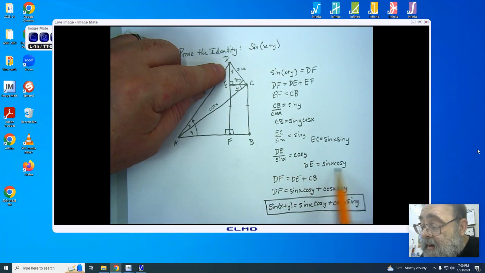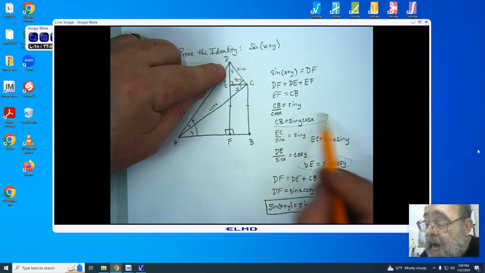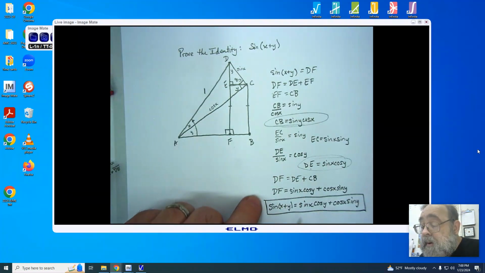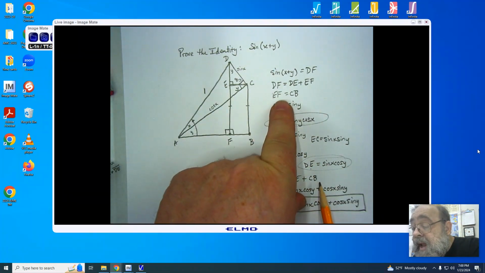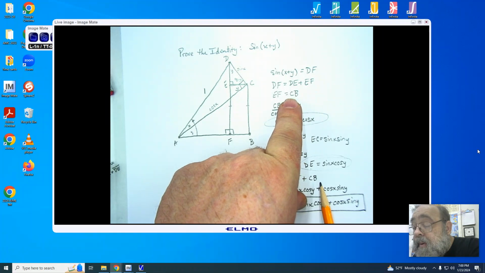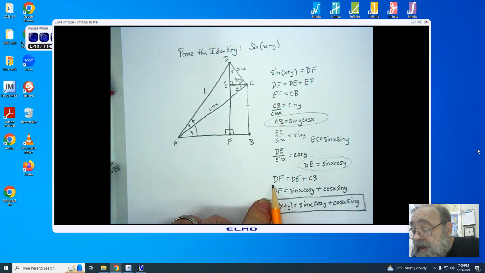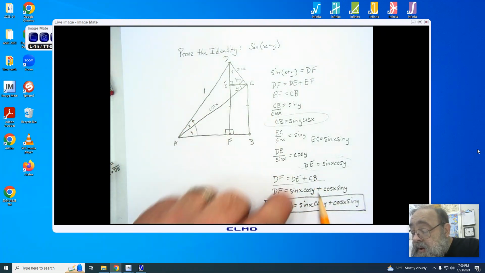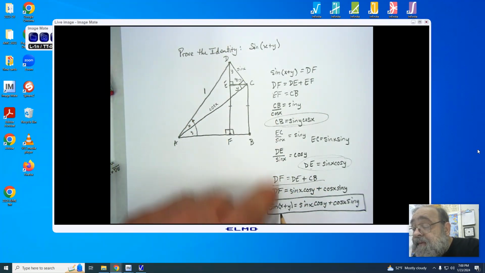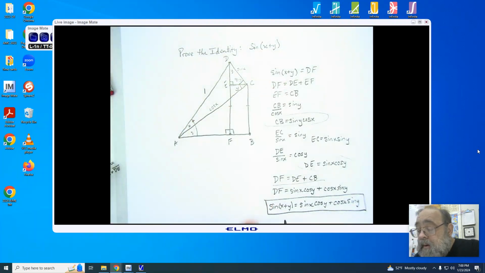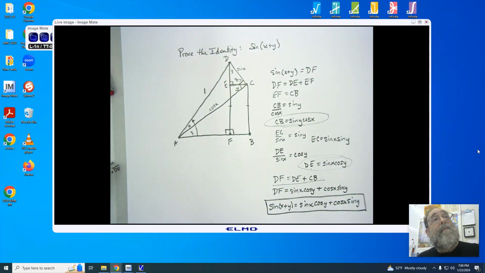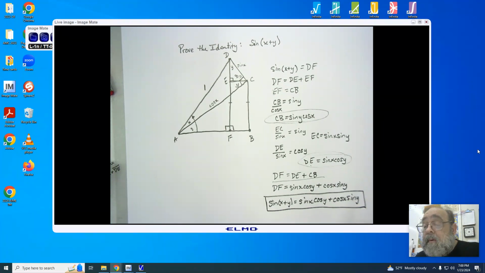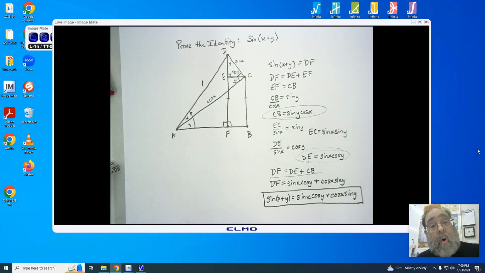And therefore, I end up with this piece and this piece. By substitution with EF and CB, I end up with this. And then I can directly substitute each of these circled pieces and DF with the original to get my identity. This is the proof for the sine of x plus y.